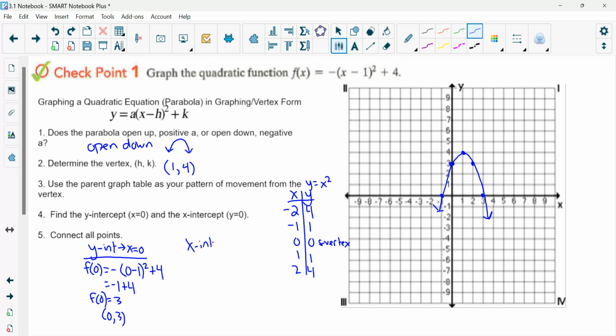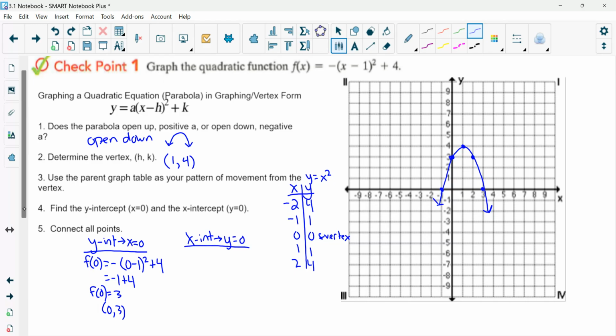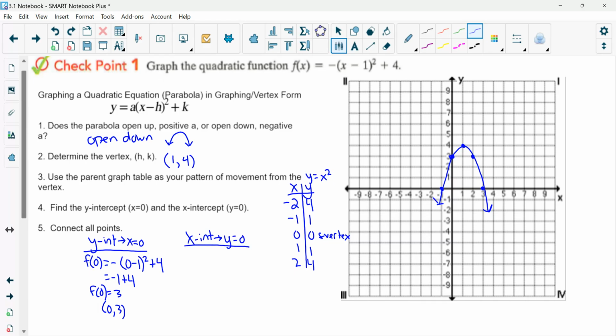For our x-intercepts, that's where we're going to set the y equal to 0. So I'm putting the whole 0 in for that whole left side. And then I'm going to have to solve for x, and I'll solve for x by undoing.